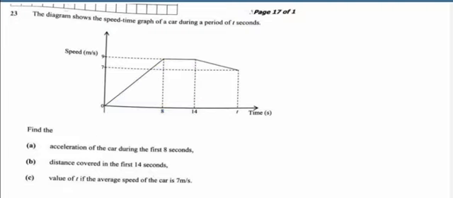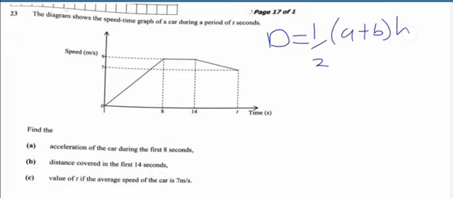So the trapezium area is given by half, open bracket, a plus b, close, multiplied by the height. In this case, the values for a and b come from the parallel lines. So the parallel lines, we have this one and also this one.